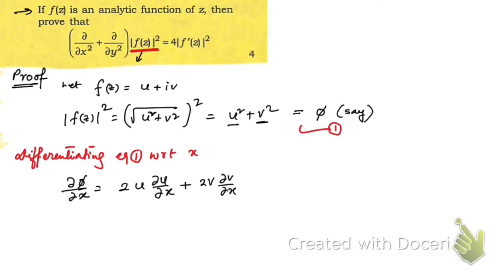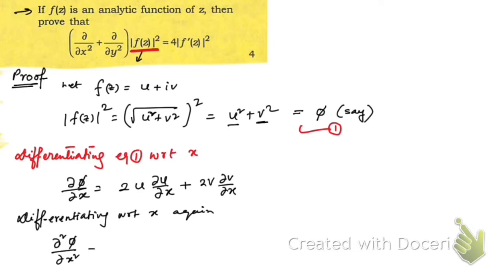Now if you obtain the second order derivative, differentiating again with respect to x, we get second order partial derivative.